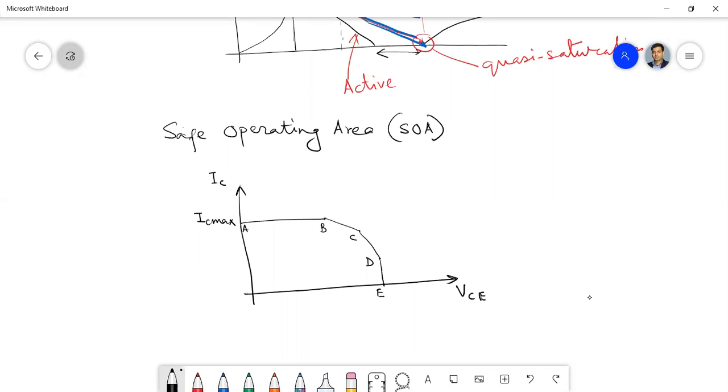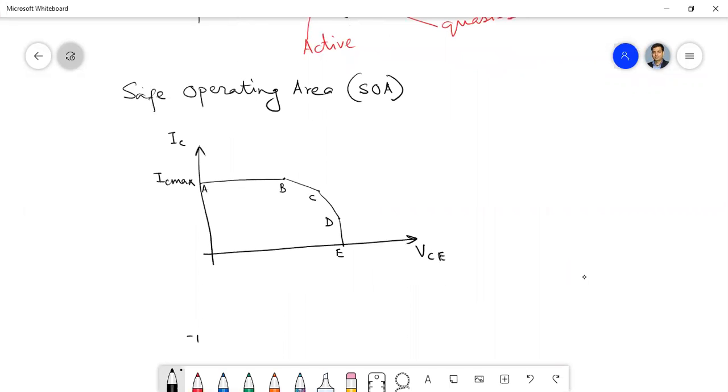The first line is AB, which is called the peak collector current limit.